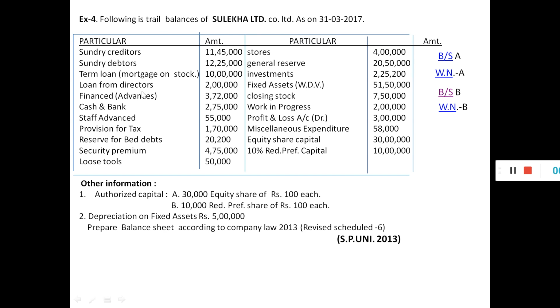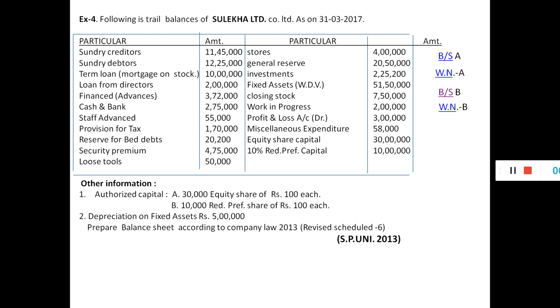Next, finance 3,72,000. It will be shown in the balance sheet under the note of 21, other current assets.